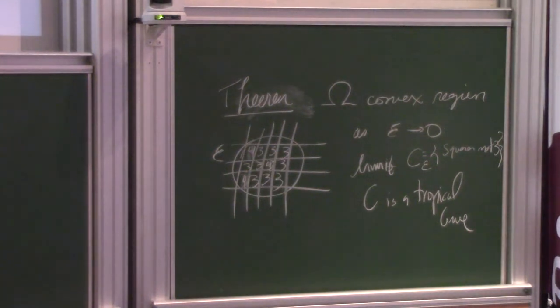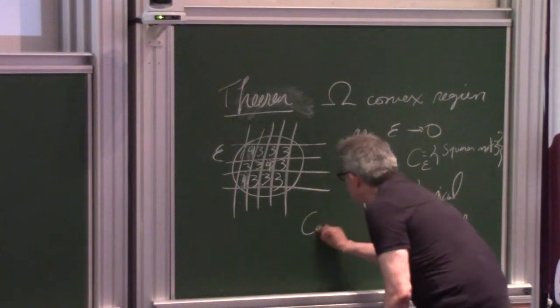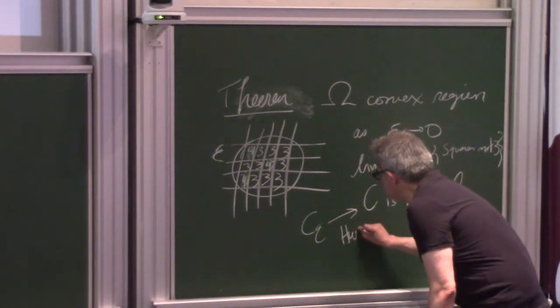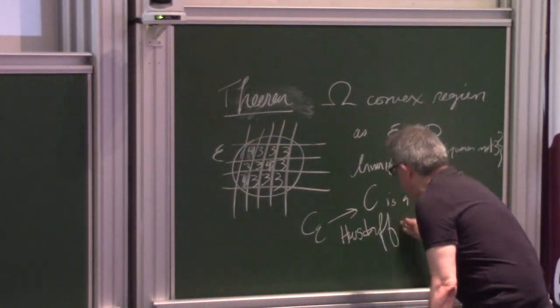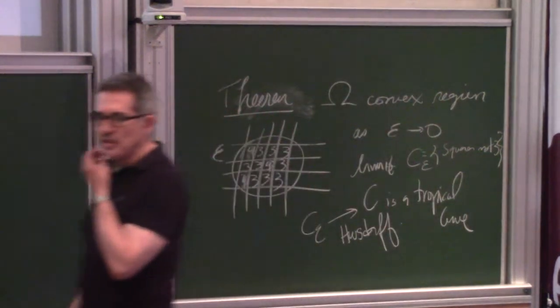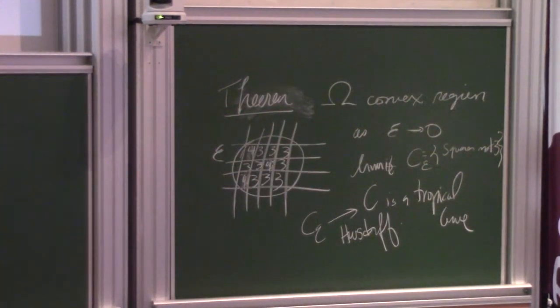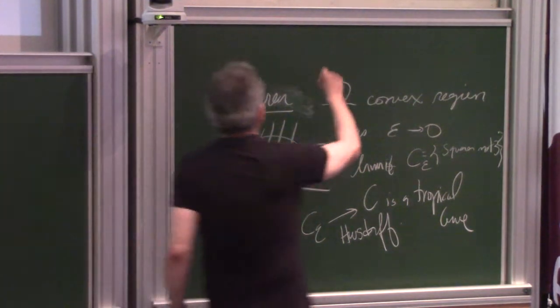So it's a set, and in the Hausdorff topology, it depends on the shape of the convex region and the collection of points, and then you get a tropical curve that just depends on the collection of points.